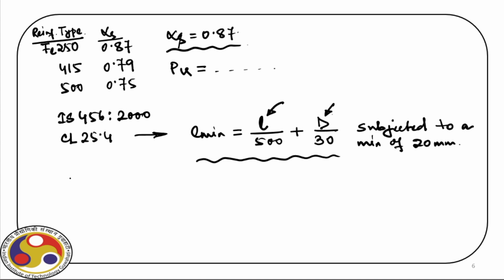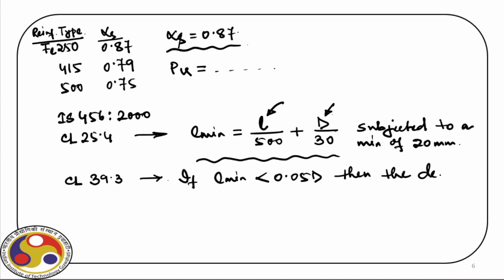Now, there is another clause, clause 39.3. It says if E minimum is less than 0.05 D, then the design of short column is using the following expression.